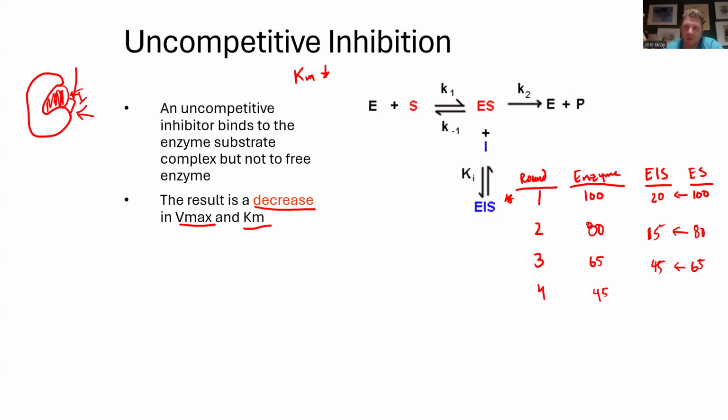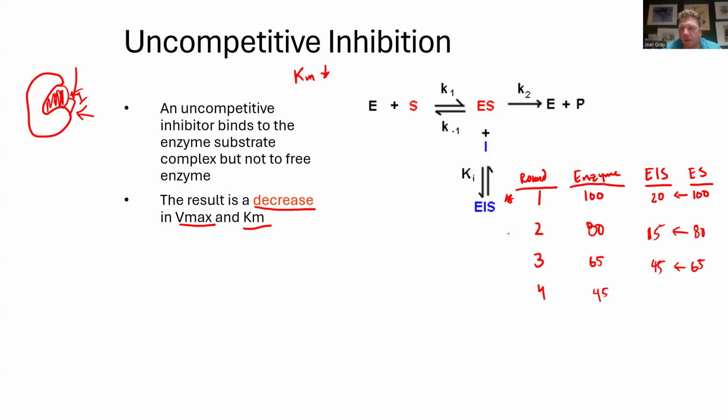So effectively, they're going to be in competition for your substrate, which is why your KM is going to go down. Your KM decreasing is almost an illusion brought on by the decreased concentration of the free enzyme, because every successive round you are losing some of that enzyme.